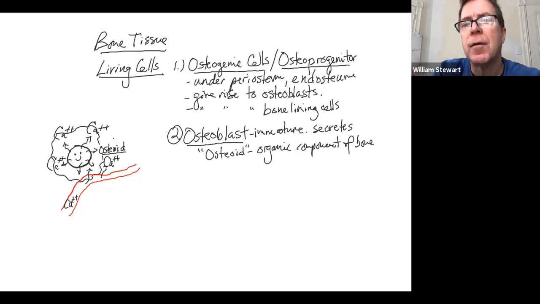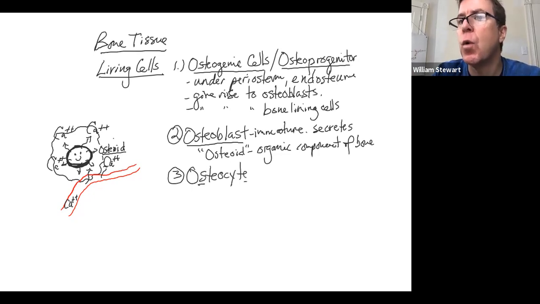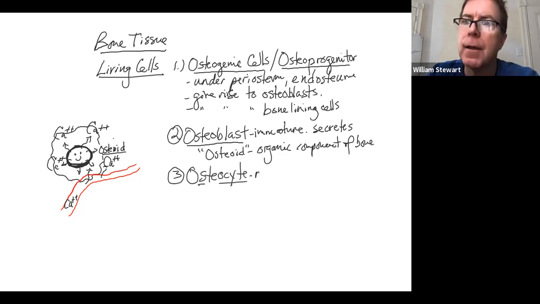When these osteoblasts have completely buried themselves in new bone matrix, hard bone matrix, they stop secreting and they become a mature bone cell called an osteocyte. So an osteocyte was once an osteoblast that is now mature.